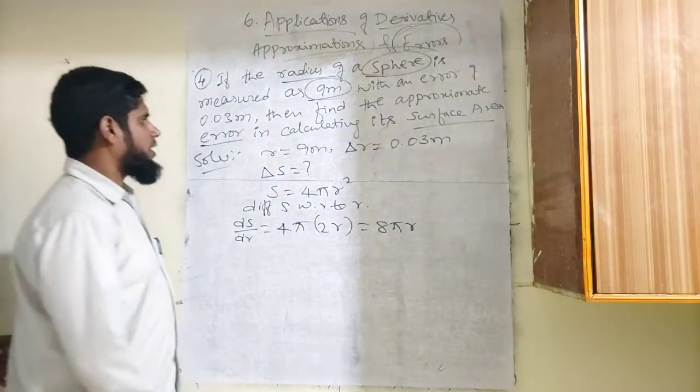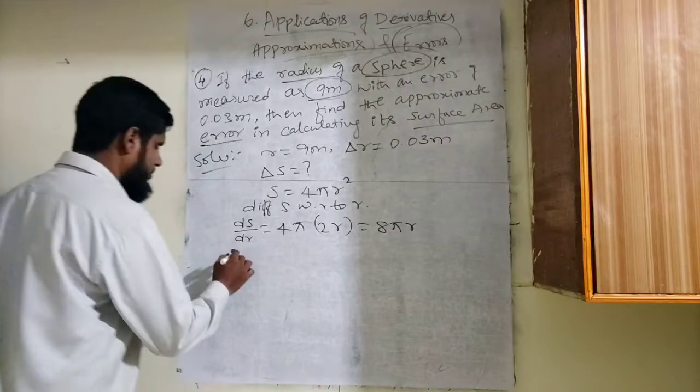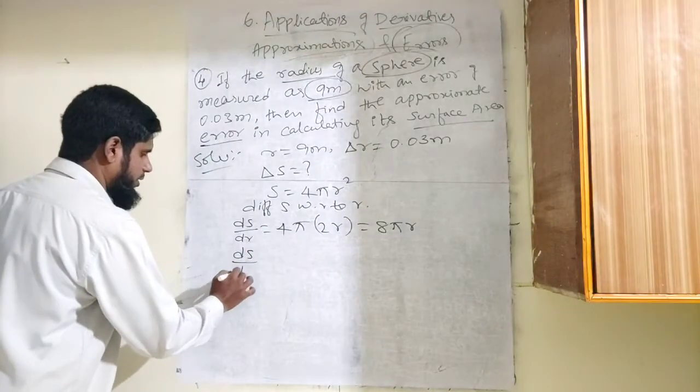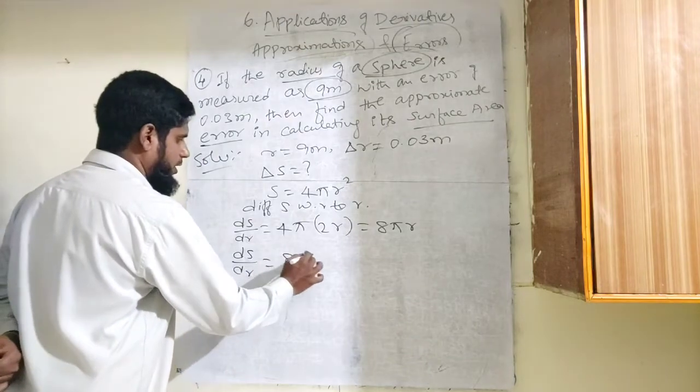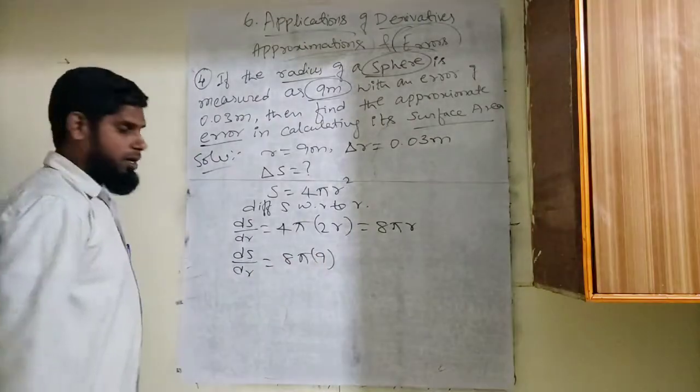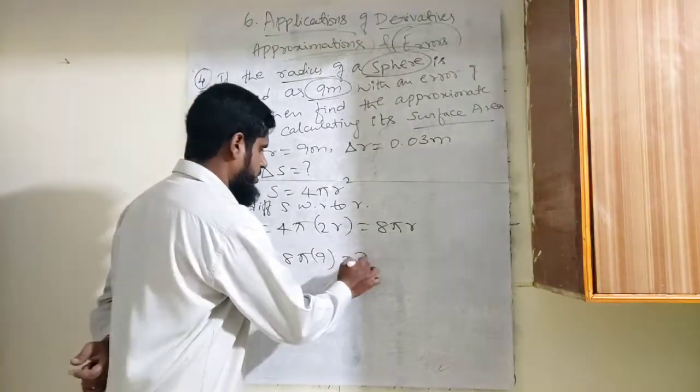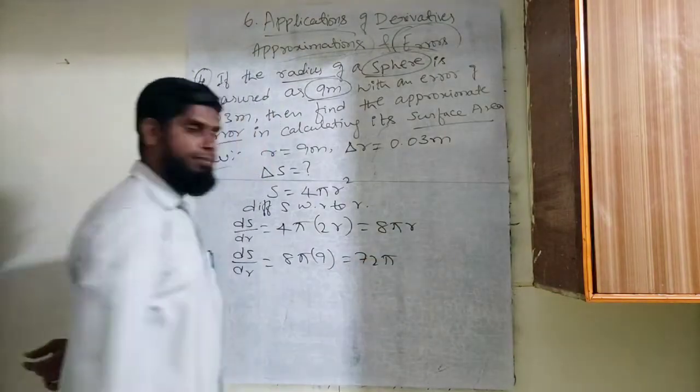The value of r is 9. So dS by dr at r is equal to 9 is 8 pi into 9. 9 into 8, it is 72 pi.